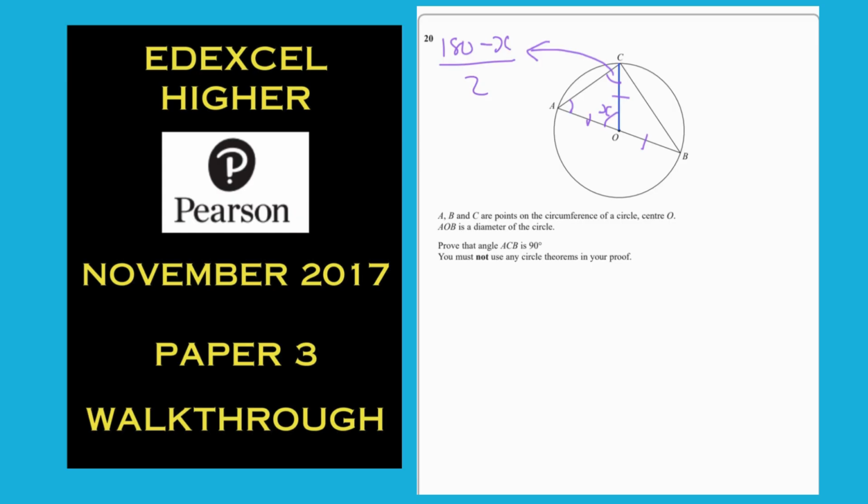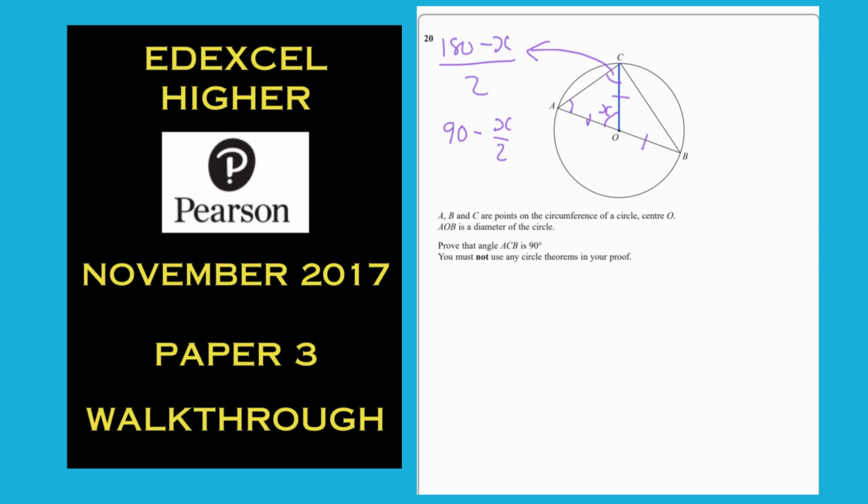If you knew what X was, you'd take it away and you'd halve it. We don't know what X is, so we just have an expression. You could simplify that expression. However you do it, that's the angle ACO. There, or there if you fancy it.